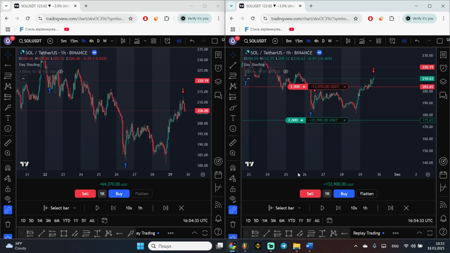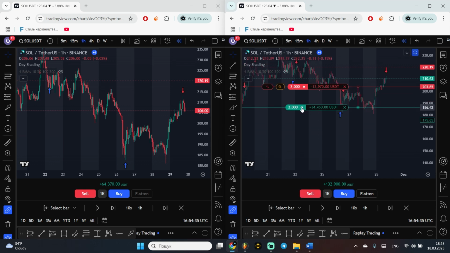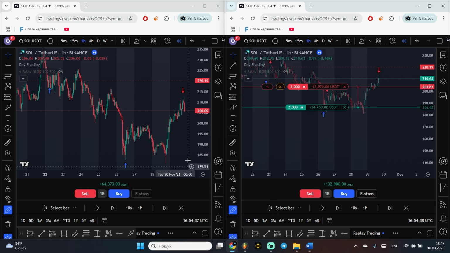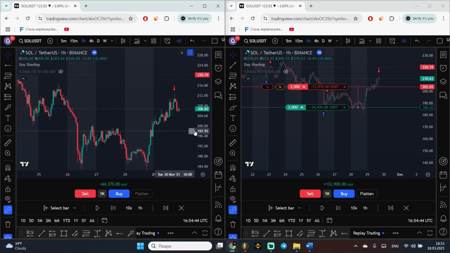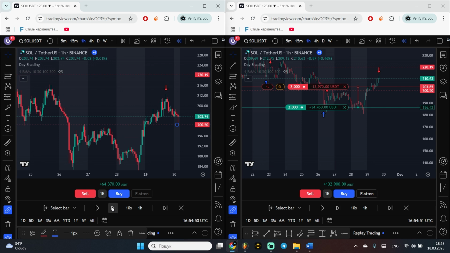Okay, this candle we average, relocating, take profit, waiting for the pullback here. Did it happen? I don't know. Here would be like another level, so let's wait over there.